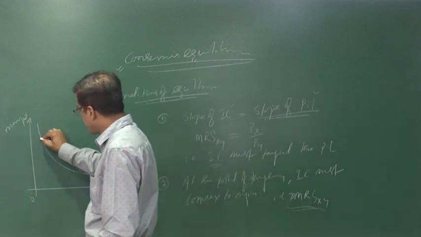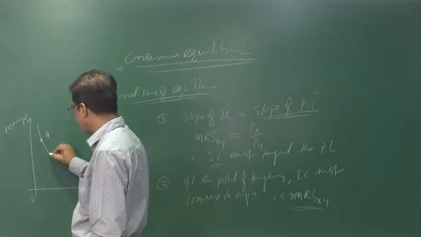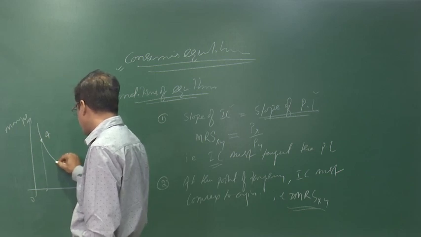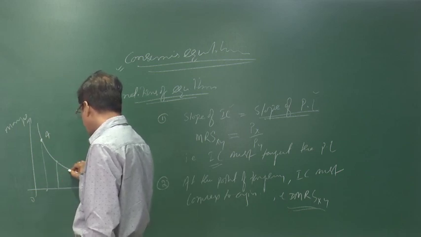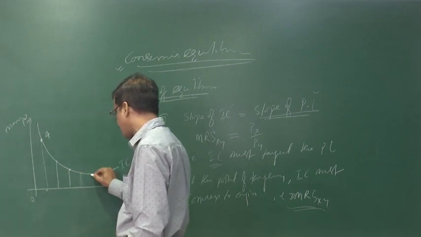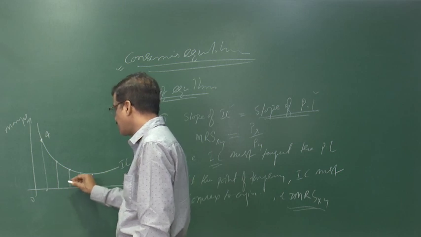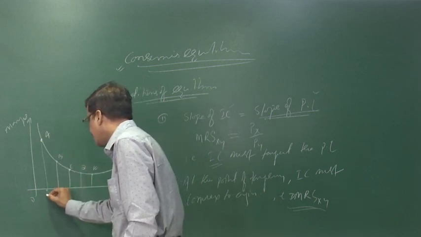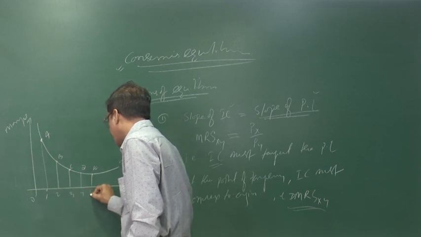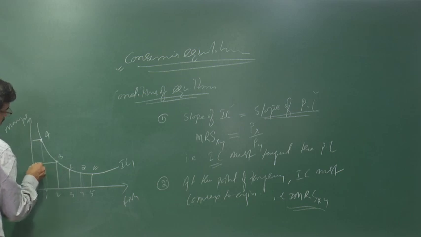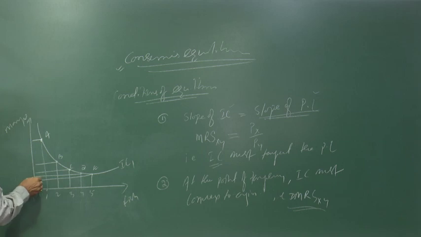Let us say this is the point A. We take this particular combination with equal increments of x, marking it, where x increases by a constant amount, let us say B, C, D and E, that is 1, 2, 3, 4 and 5, here, here, here, here and here.